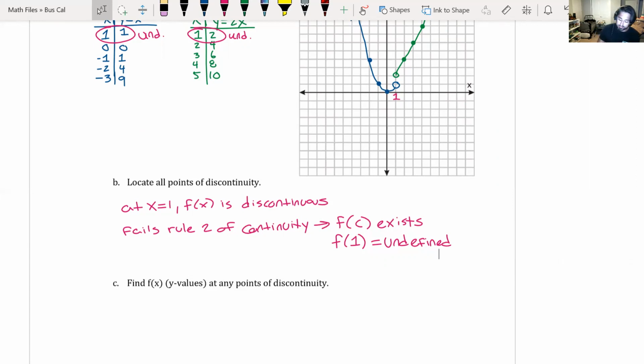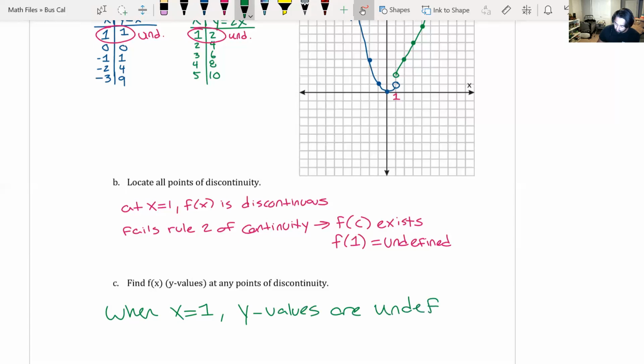So we can say in C, when x is 1, no y values exist, or y values are undefined. Okay.